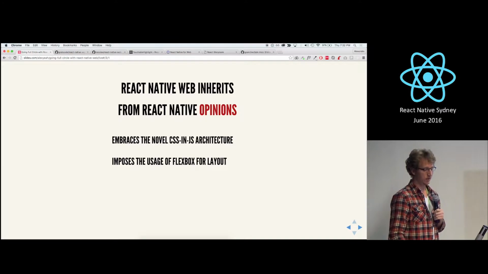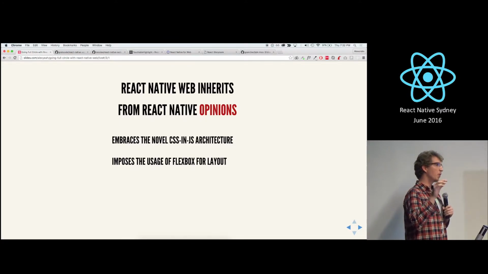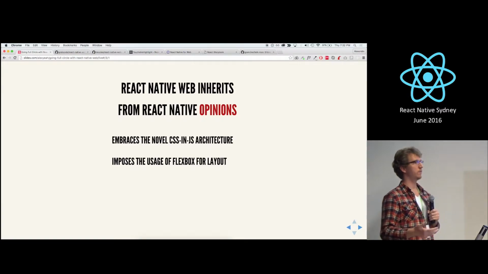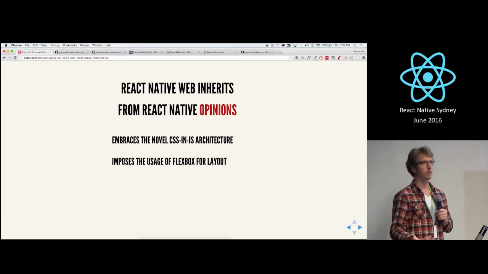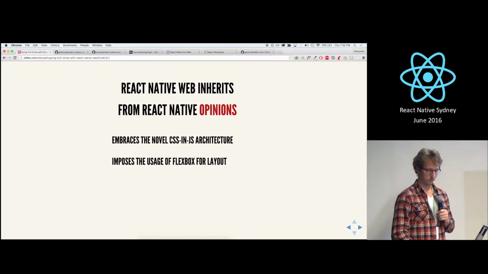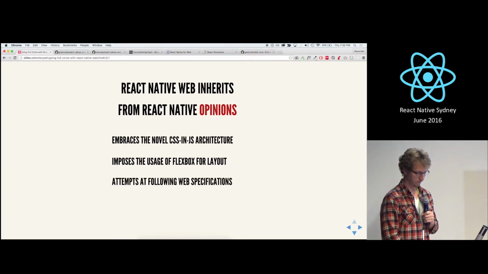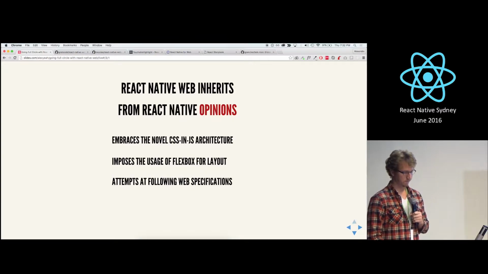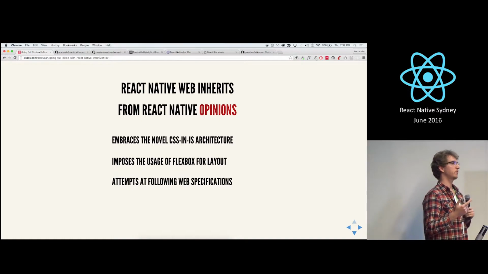Right, so basically Flexbox is good. Obviously it's good within a controlled environment, so that's why for React Native it's amazing. On the web, you still have to deal with all the browsers, you know the deal. Now, it attempts at following all the web specifications.